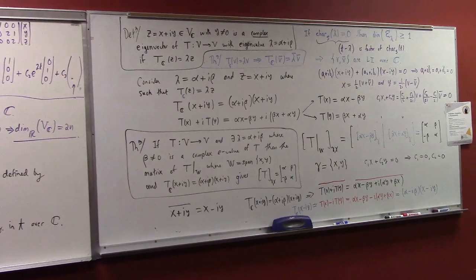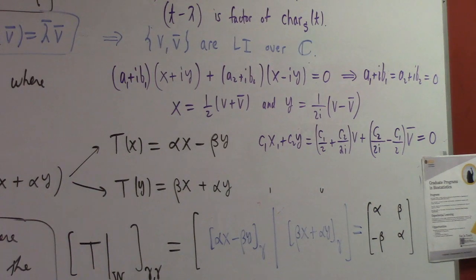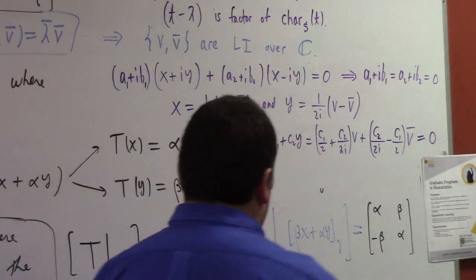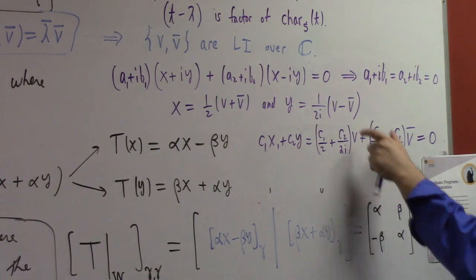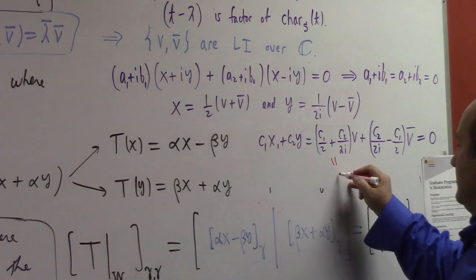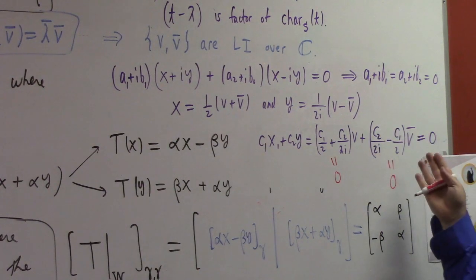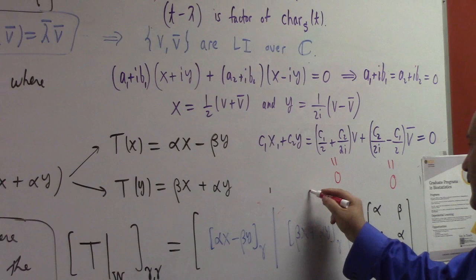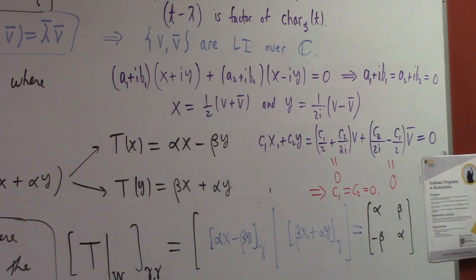But that then implies, through just 2 equations and 2 unknowns, that c1 equals c2 equals 0. All right, enough. I think I've done enough.